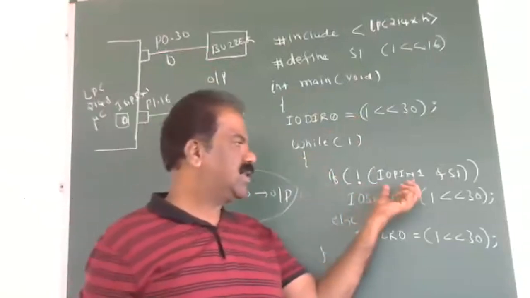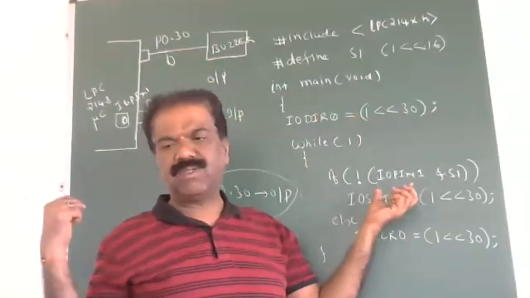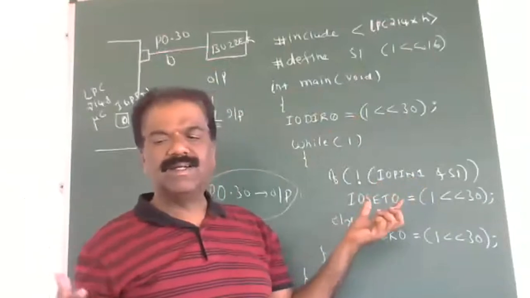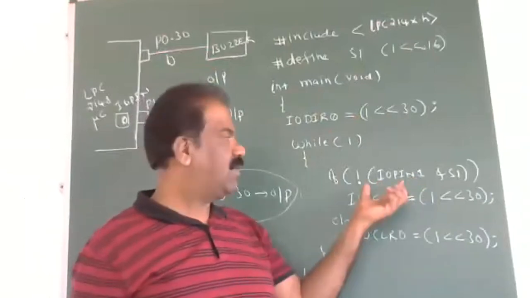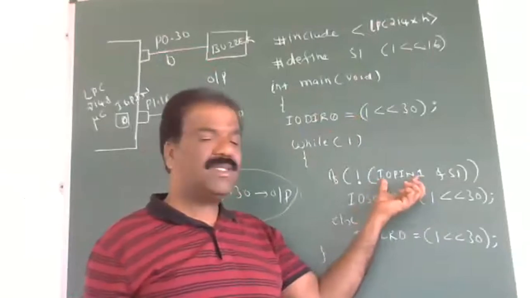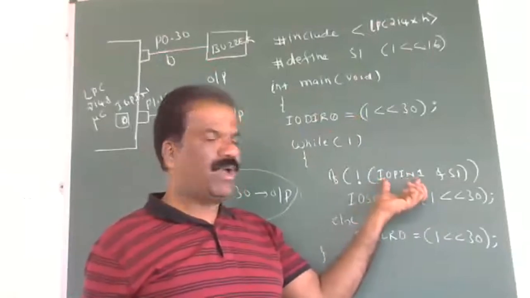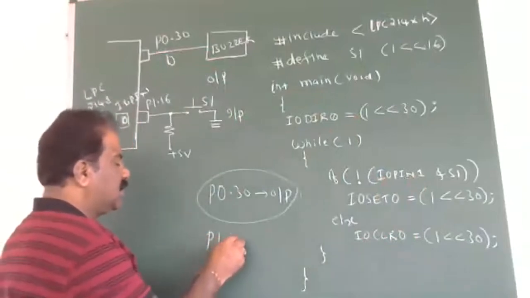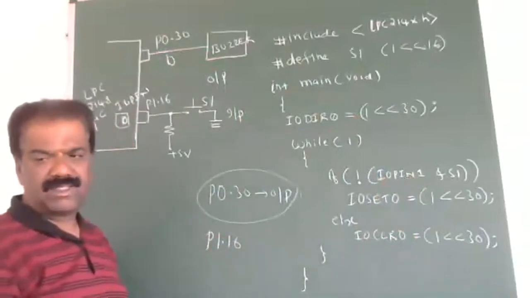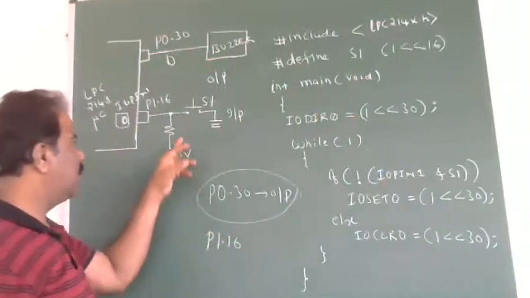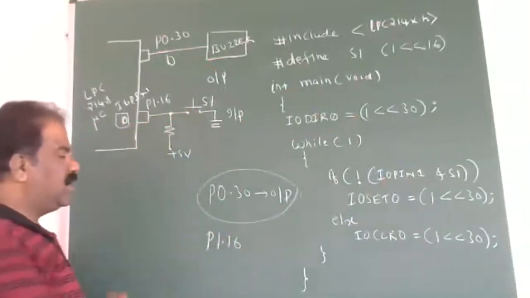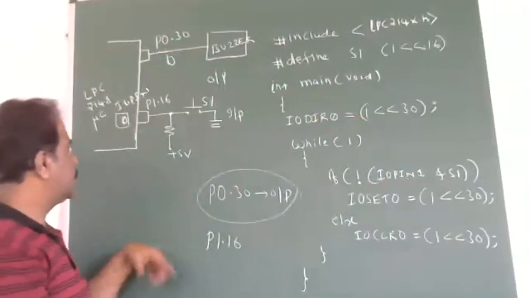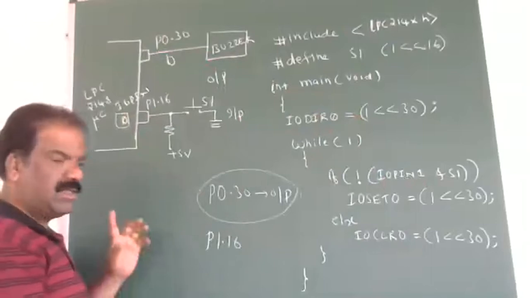Because we are using P1.16, we go for IOPIN1. If it were something like P0.16, then we would go for IOPIN0. Then IOPIN1: what is the status of P1.16? If the switch is open, the bit number 16 of IOPIN becomes 1.